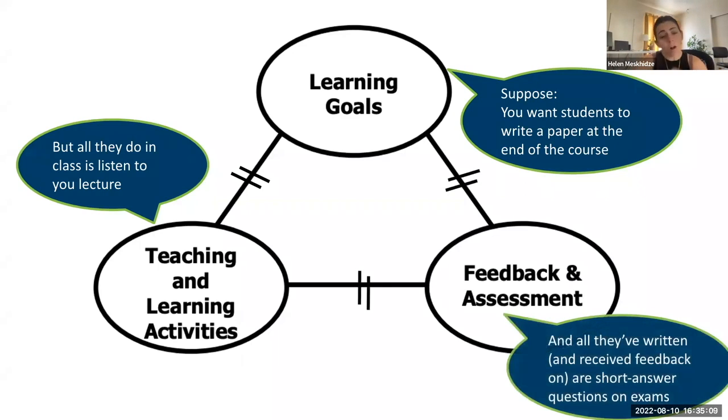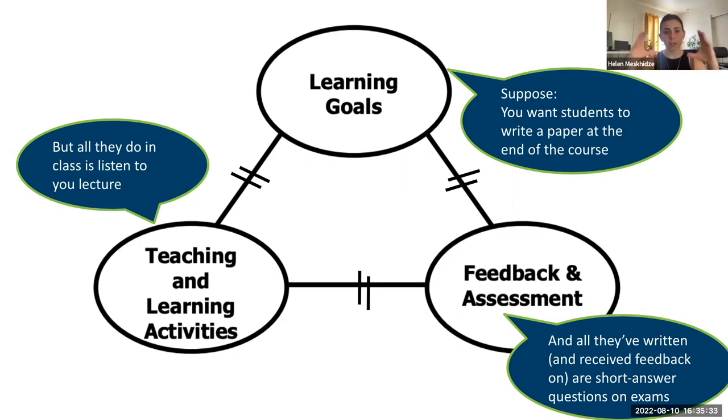Furthermore, suppose that all they've done so far in the course is receive feedback on some short answer questions on exams, or even worse, suppose they've only taken scantron exams in the course. That means that the activities that they've done, which is to listen to you lecture, did not prepare them for the exam, hence the slashes, and it also doesn't help them towards writing that paper in the end.